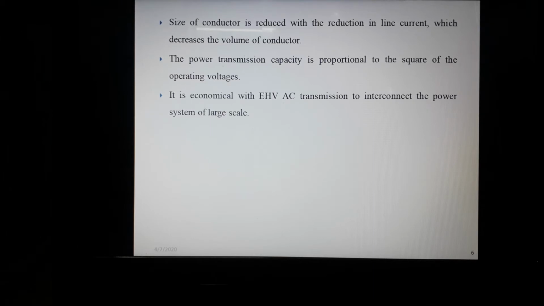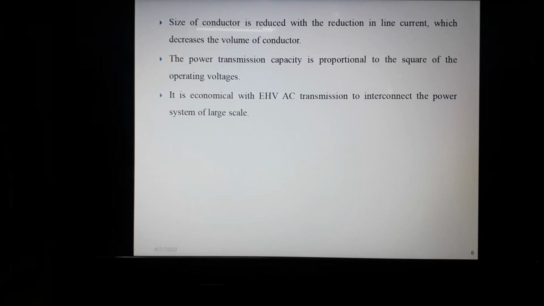The size of the conductor is reduced with the reduction in line current, which also decreases the volume and the cost of the conductor. The power transmission capacity is proportional to the square of the operating voltage. As the voltage level increases, power transmission capacity increases.